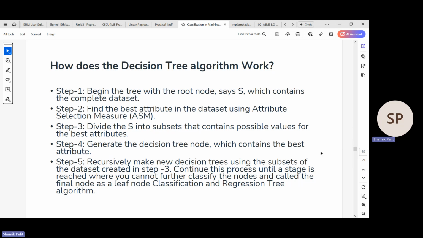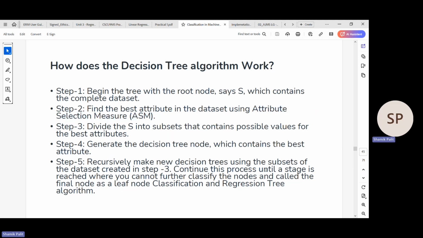Here I would like to mention one very important thing called ASM, or attribute selection measurement, playing a very important role, based on which you can select a specific attribute associated with a particular decision tree. This process is repetitive or iterative in nature, as I have already mentioned.